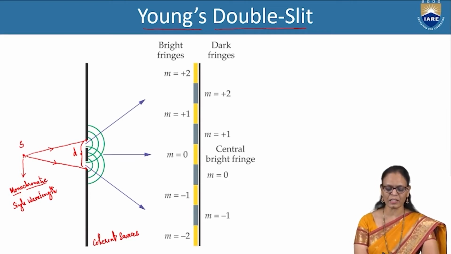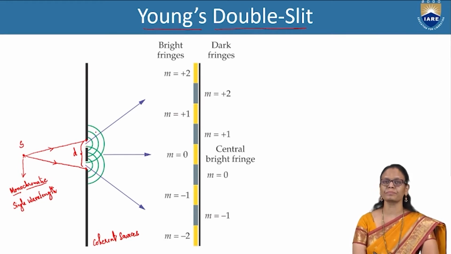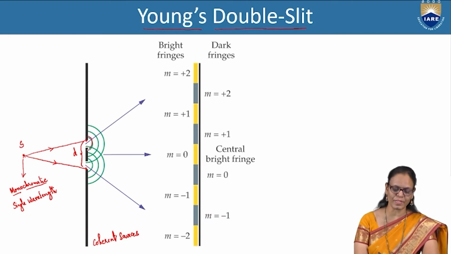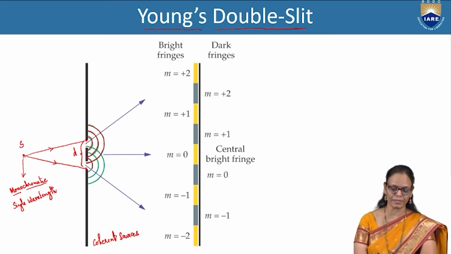Now, the light that reaches this slit, as we have seen in Huygens principle, each point on this will act as a secondary source and sends out secondary wavelets. So these are the waves that are coming from the first slit, and we also have waves coming from the second slit.